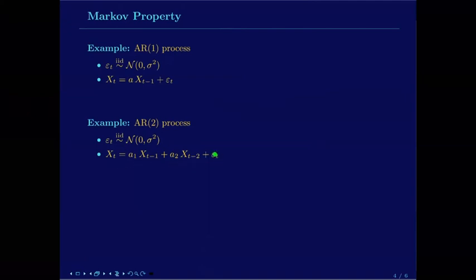This is only a representation. We cannot rule out that we can find an alternative representation where Xt only depends on Xt-1. However, this representation here, of course, suggests that Xt cannot be a Markov process.